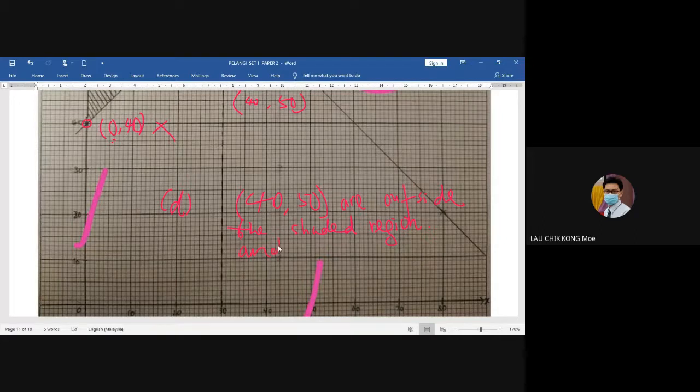And outside the shaded region means what? It does not satisfy both inequalities. Okay, it does not satisfy the inequalities that we wrote just now. It is not inside them.